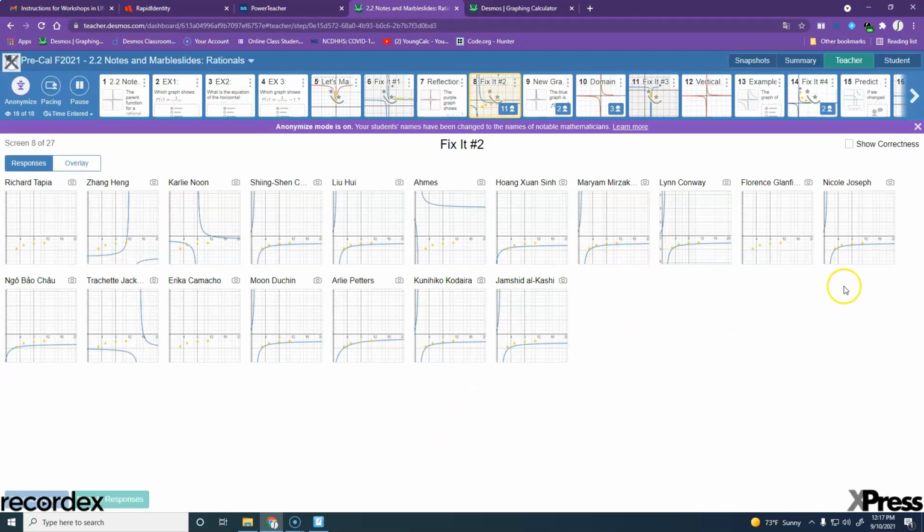Okay, so whenever I look, most of you look like you've got it to work. There's a few of you that don't have a line.